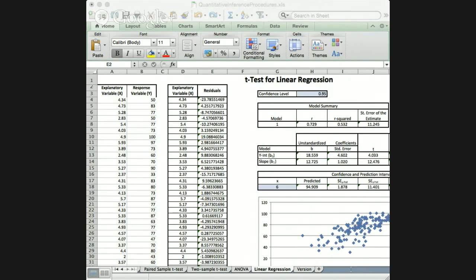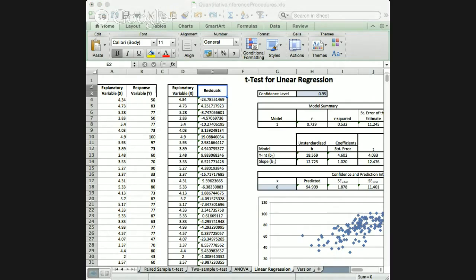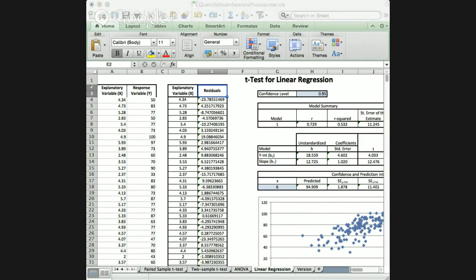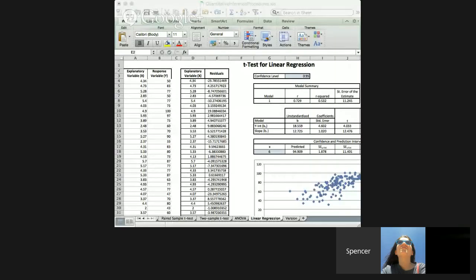Downloaded something. Okay. Aha. Okay, QQ plot.